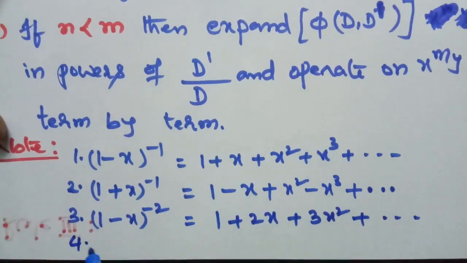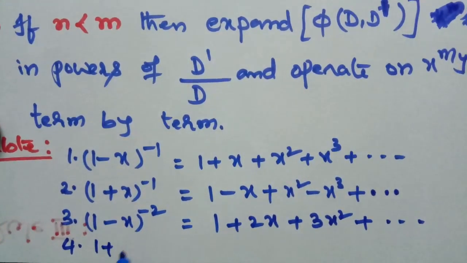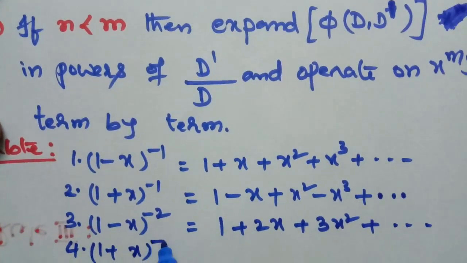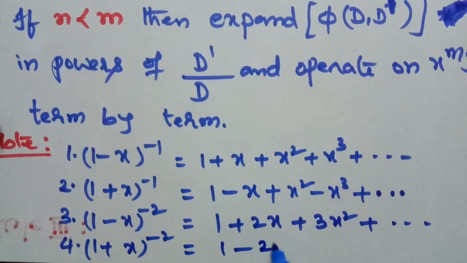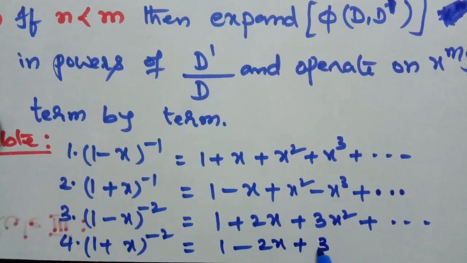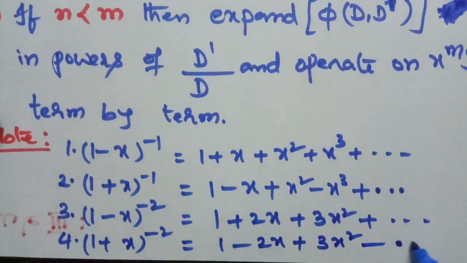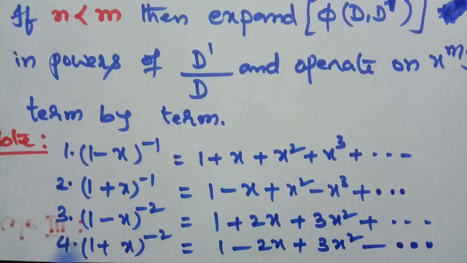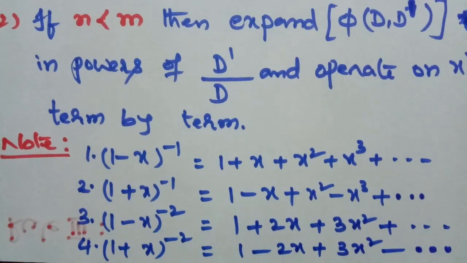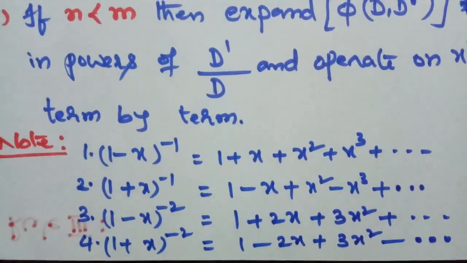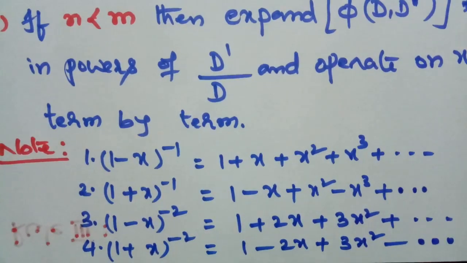By using the binomial expansion, (1 plus x) whole to the power of minus 2 is, alternatively plus and minus, 1 minus 2x plus 3x square minus and so on. These are the formulas which are useful to solve the problems belonging to rule number 3.